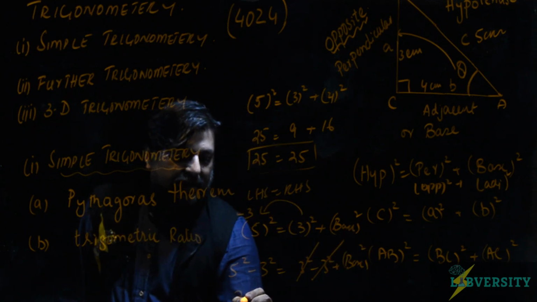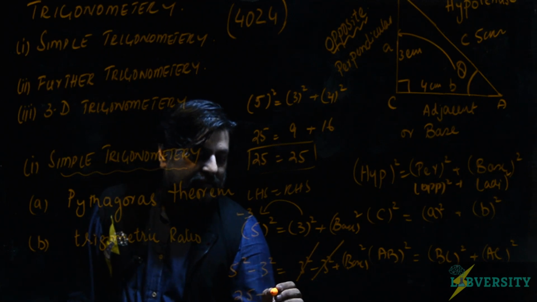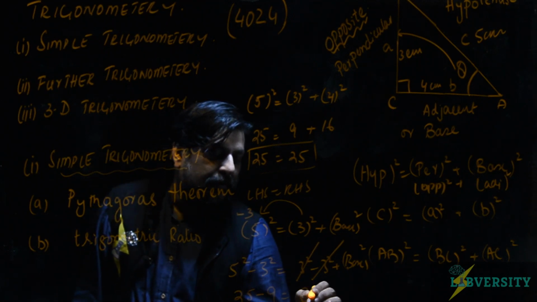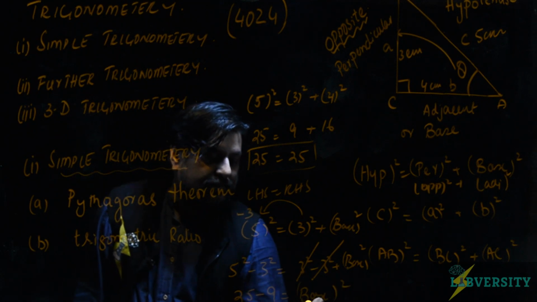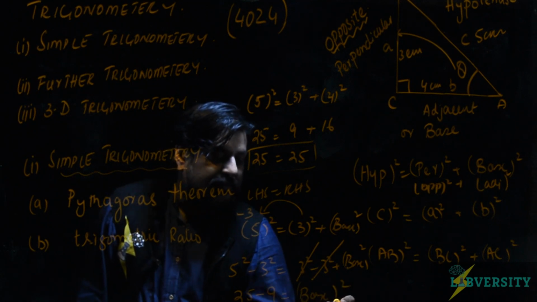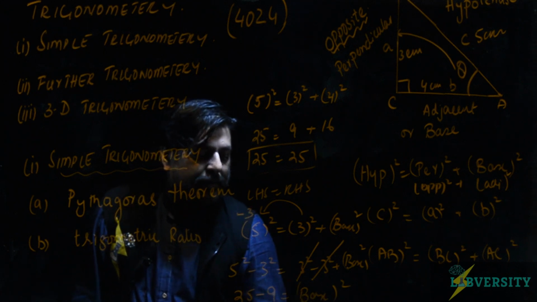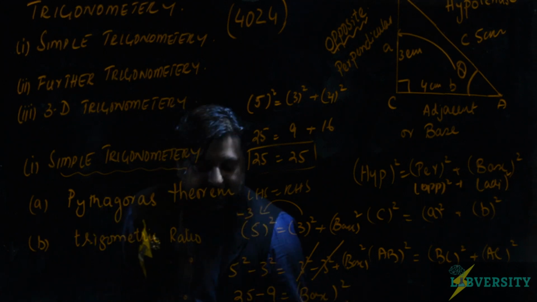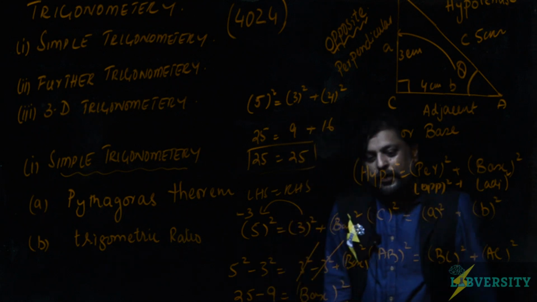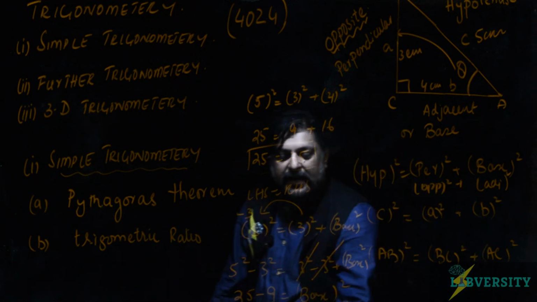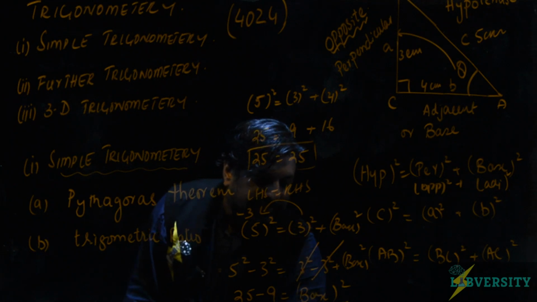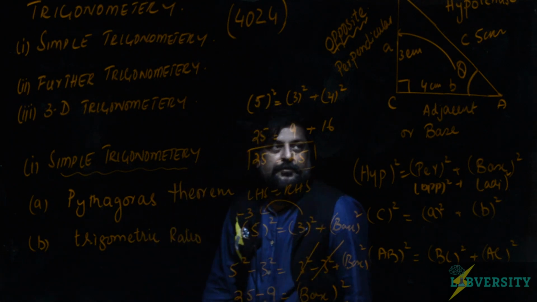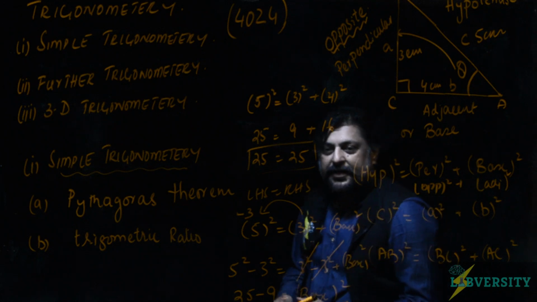We will have 25 minus 9 is equal to base squared. 16 is equal to base squared. Now taking the square root on both sides, because it is an equation and we can do the same operation on both sides, base will become 4 centimeters because the unit is centimeter.